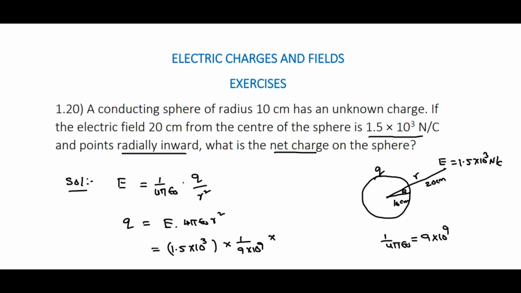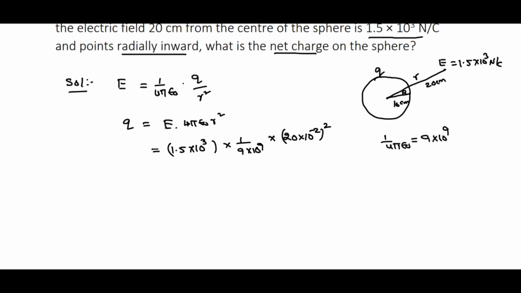Into radius square. The radius is 20 centimeter. We can write in terms of SI 20 into 10 power minus 2 in terms of meter whole square. After simplification, we will get this value is 6.67 into 10 power minus 9 coulomb.